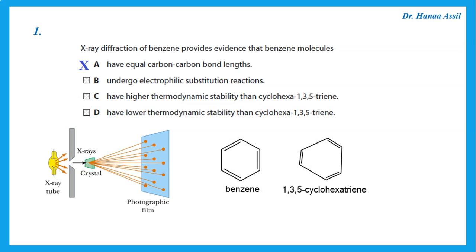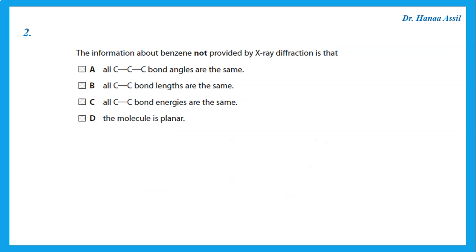Even though benzene is known to have alternating single and double bonds, the X-ray diffraction showed that all these bonds are the same length, which indicates that the pi bonds are spread around the benzene, not in specific single and double bonds, because if they were alternating single and double, then the single bond should be longer than the double bond. But the X-ray diffraction found that all the bond lengths in benzene are equal.